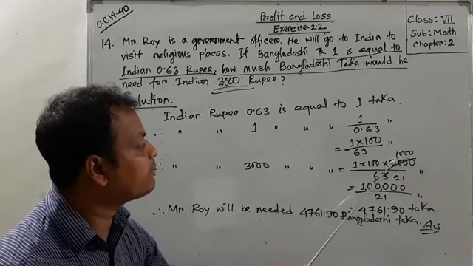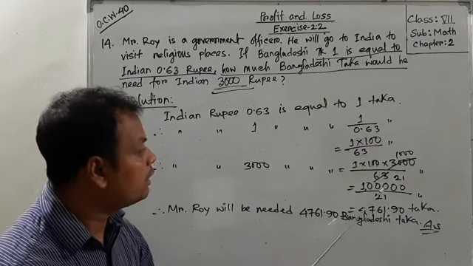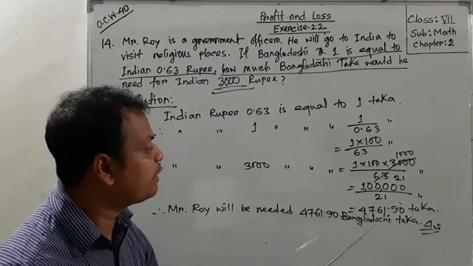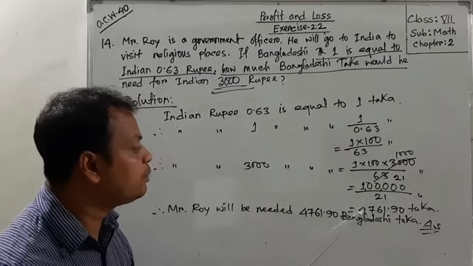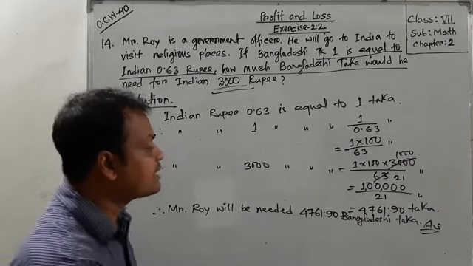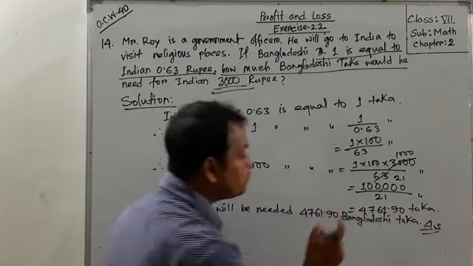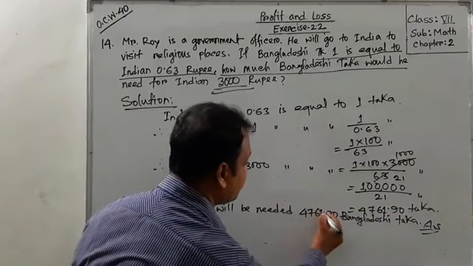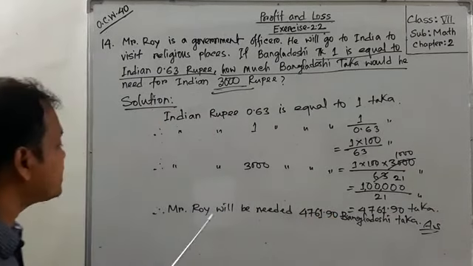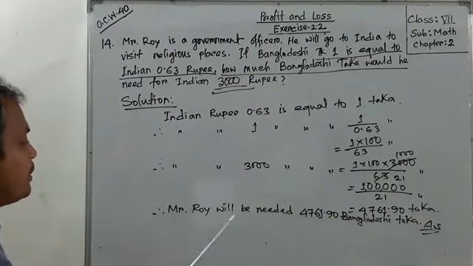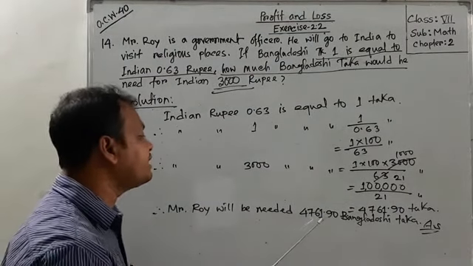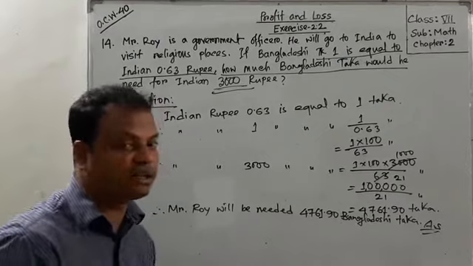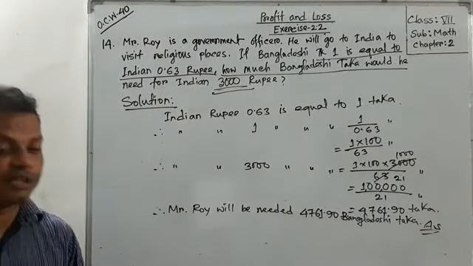By multiplying, we have got 1 lakh divided by 21. By dividing this we will get 4761.90 taka. That means for getting 3000 rupee, Mr. Roy will be needed 4761.90 Bangladeshi taka. This is the answer.